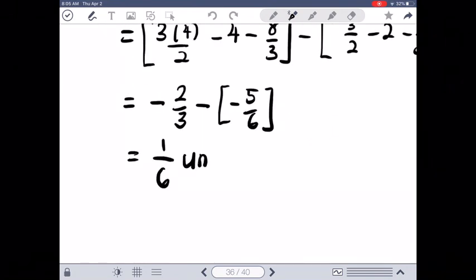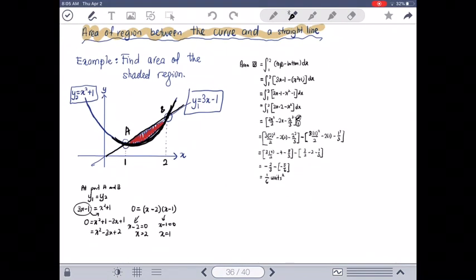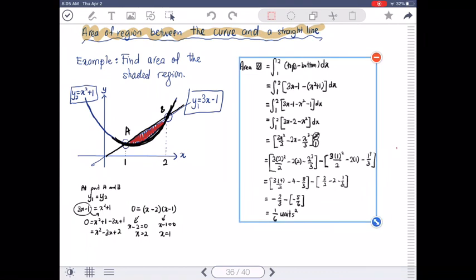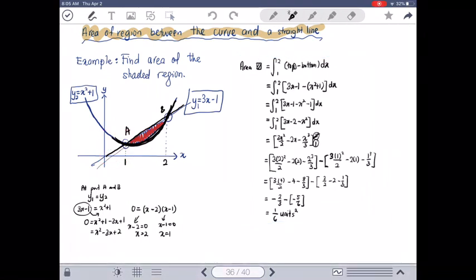You should get 1 over 6 unit squared for the area of the shaded region. Again, top minus bottom here.